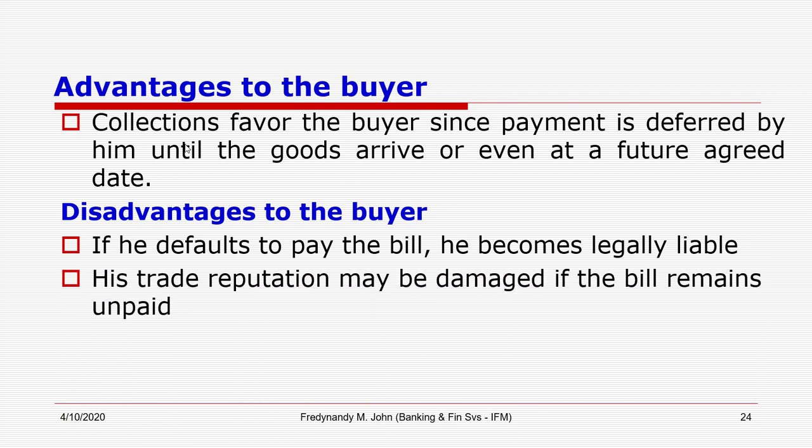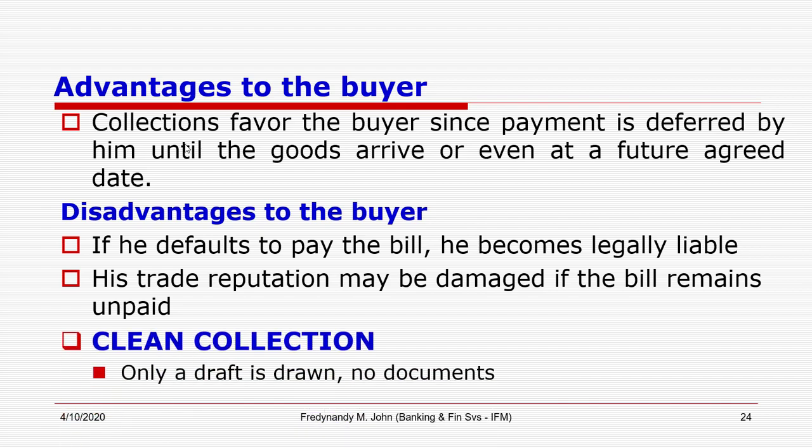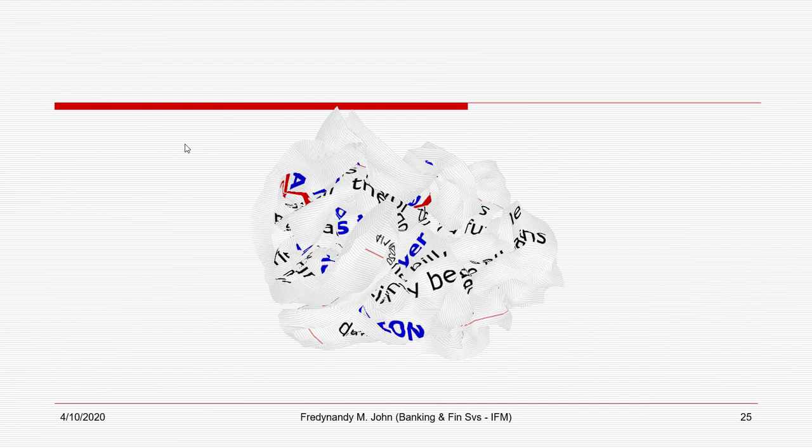He cannot excuse himself from this contract for any other reason. In case he does so, the reputation of his business may be damaged, and he will still be required to pay that particular bill.